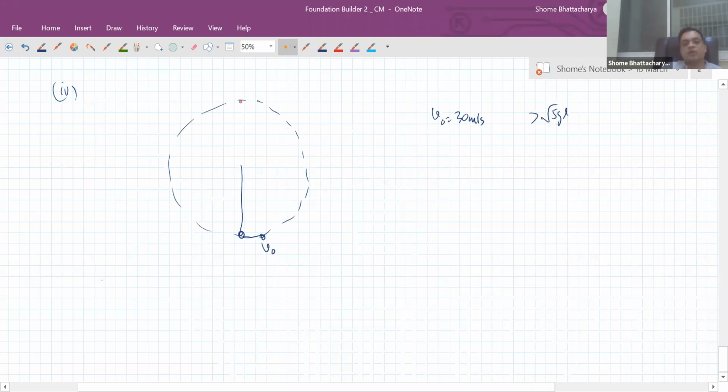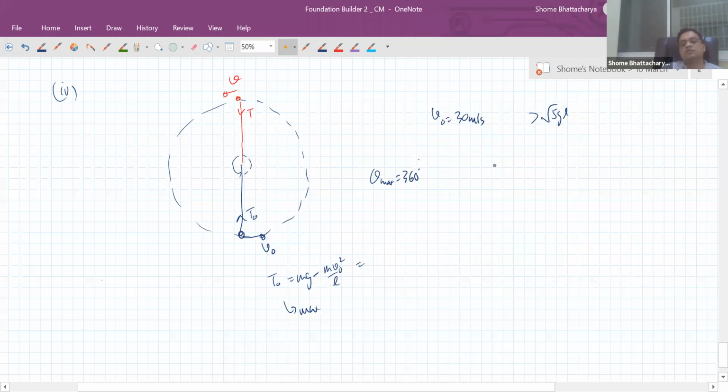So it will reach the highest point with some speed v, such that here the tension will be minimum, whereas here the tension will be maximum. So T naught will be mg plus m v naught square by L. This is the maximum tension. So of course, this is now going to complete the vertical circular motion. So it's going to be 360 degrees. It will complete.